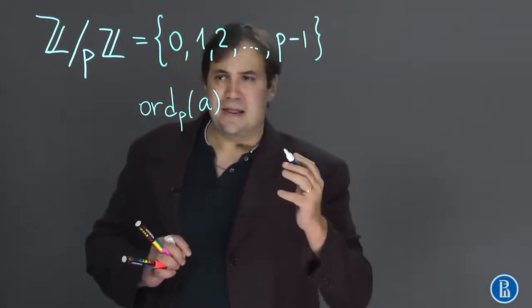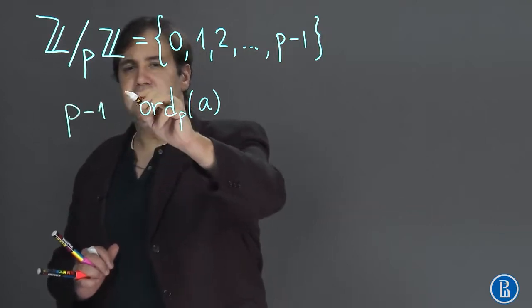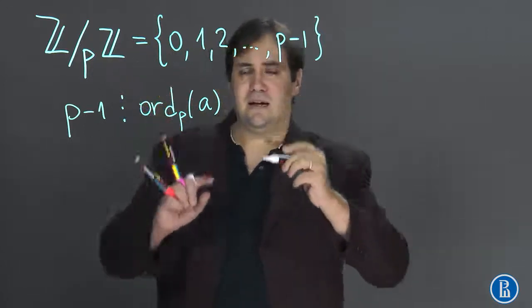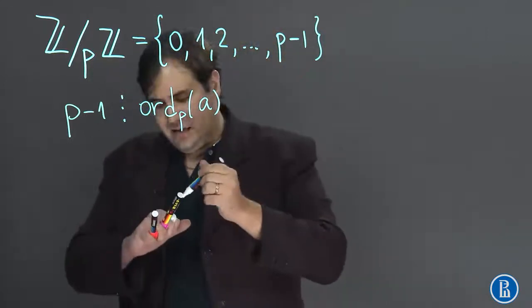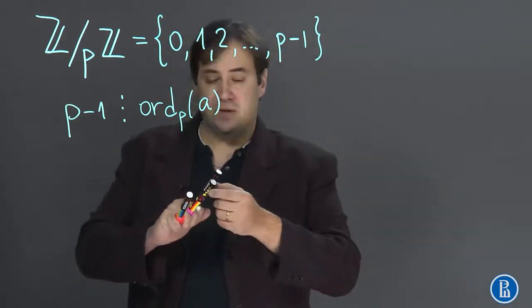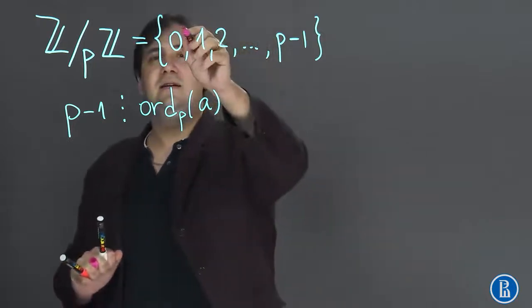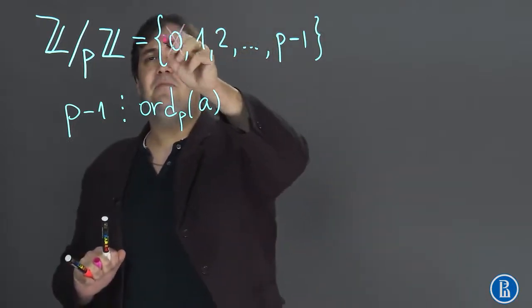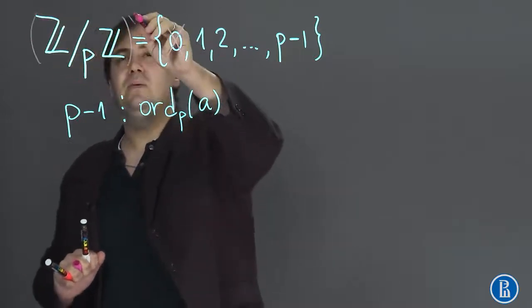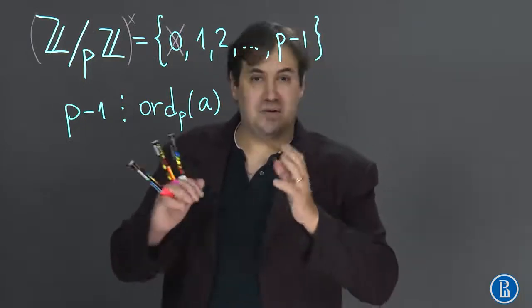We understand that p minus 1 is divisible by the order of any of these elements. Well, not all of them have an order, all except for 0. So now let's remove 0 from this set. If we remove 0, we obtain a multiplicative group of a finite field.